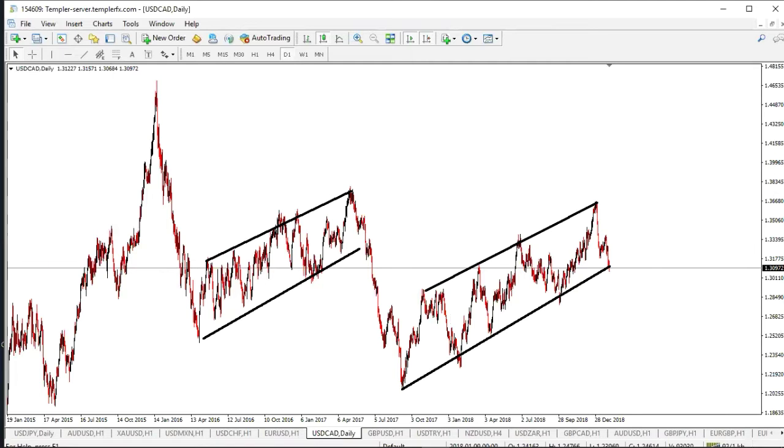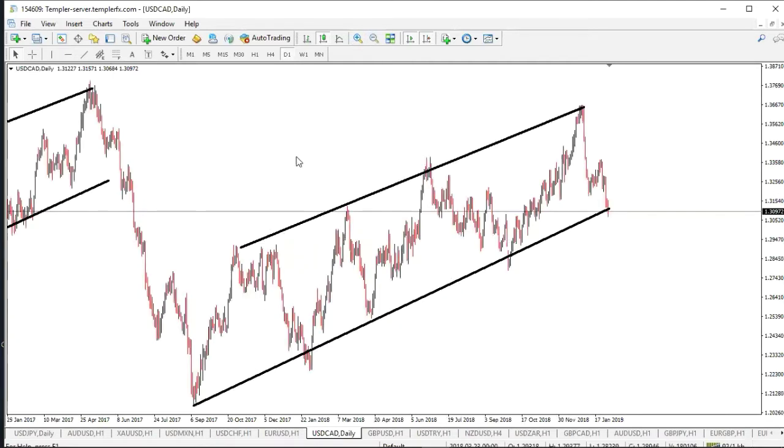What we realize here is that the market has been moving in a trend, and we can see it directly right here. The market has been moving in a bullish way, moving up.